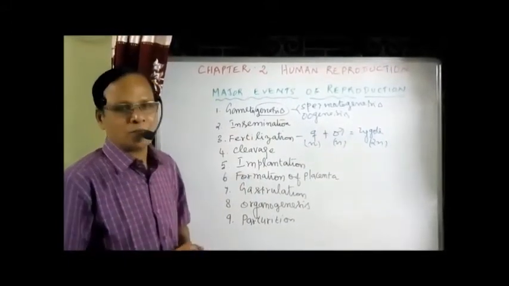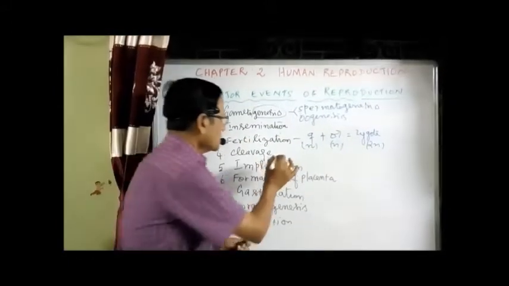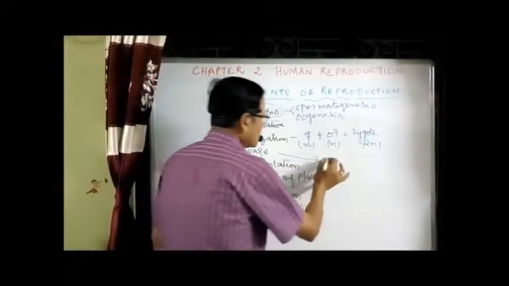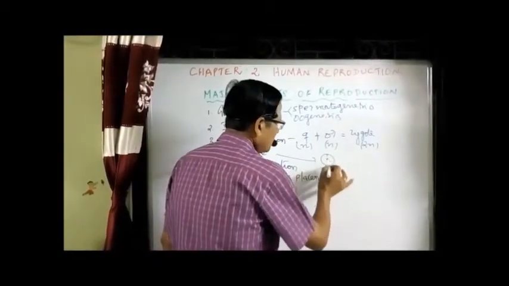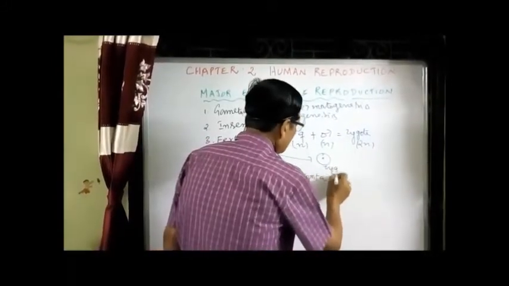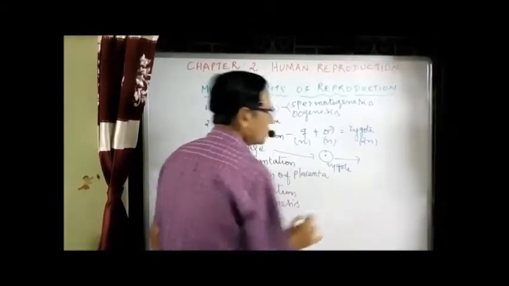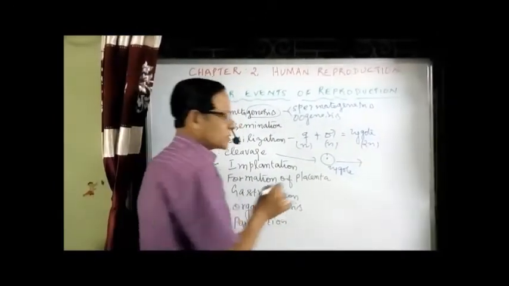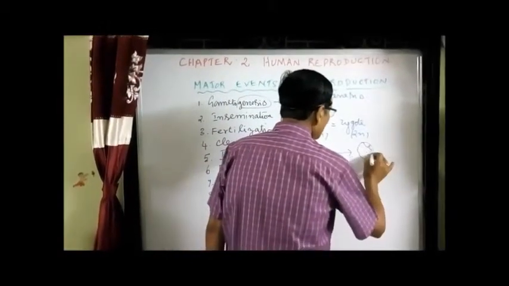Now once the single cell, the zygote, is formed, the zygote undergoes repeated mitotic divisions to form a multicellular structure, and that structure is called blastocyst.